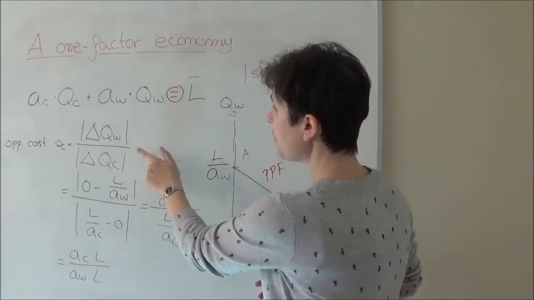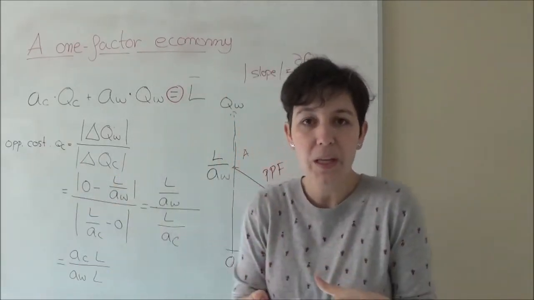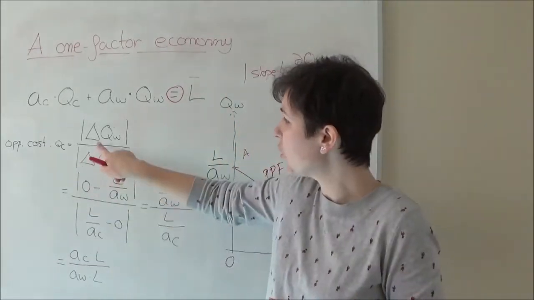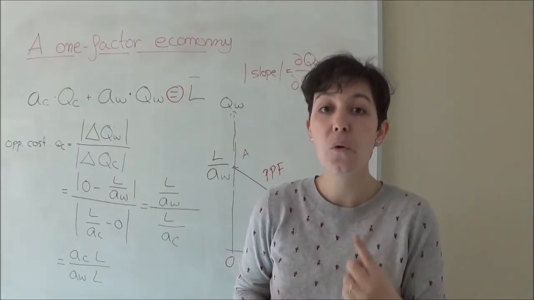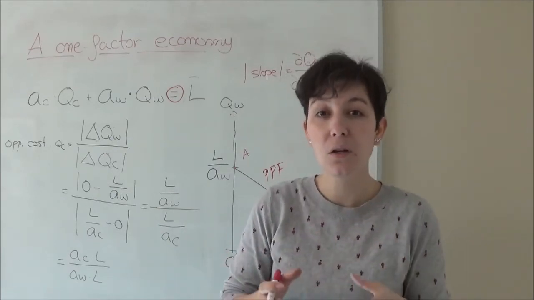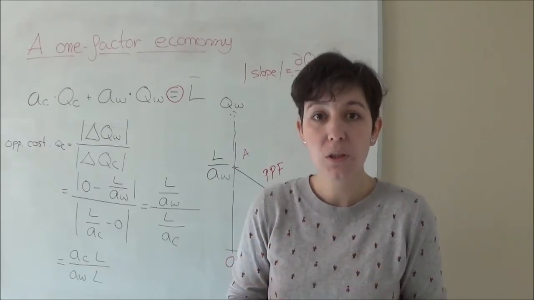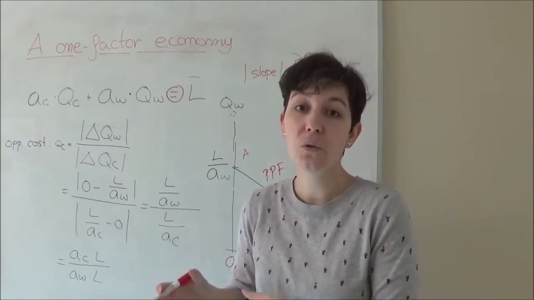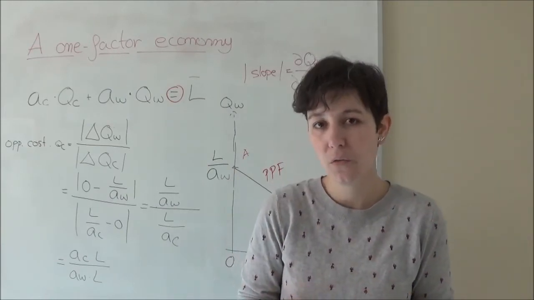So as we observe, now we are going to do the opportunity cost of cheese. So that means how the quantity of wine is going to change when you increase by 1 unit the quantity of cheese. That is the opportunity cost of producing more cheese. More specifically, it is the opportunity cost of producing 1 unit more of cheese. How you are going to reduce the quantity of wine, okay?